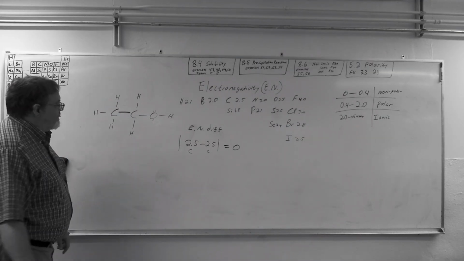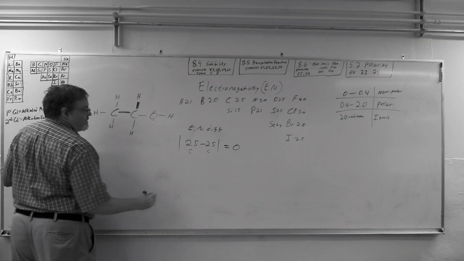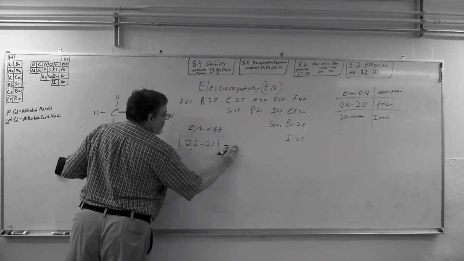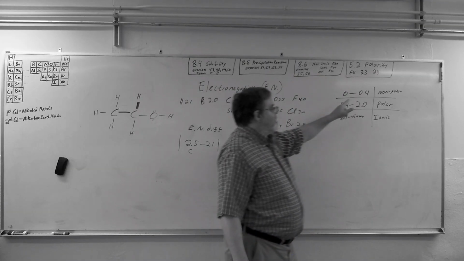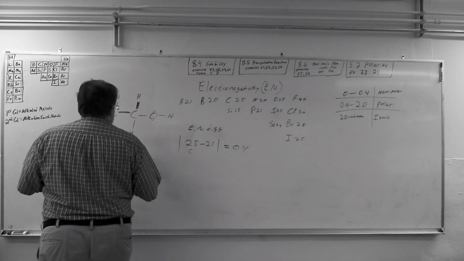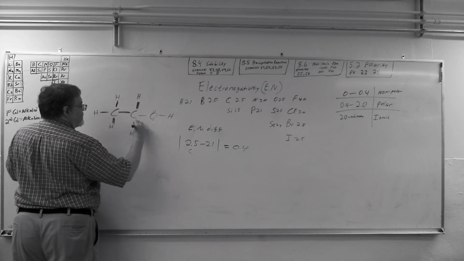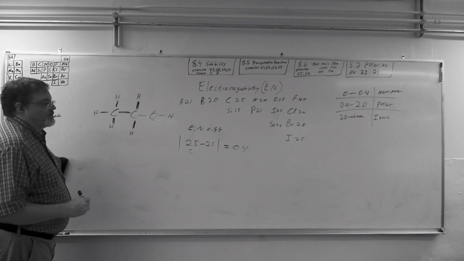I'll tell you what I mean by polar. If I compare carbon and hydrogen, carbon is 2.5, hydrogen is 2.1. I'm still in this range of non-polar. So all of these bonds, carbon to hydrogen and carbon to carbon, are all non-polar bonds.